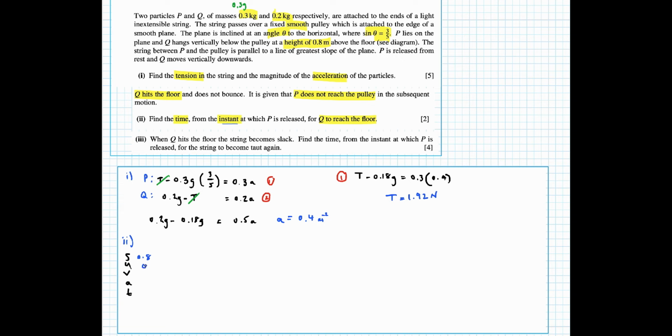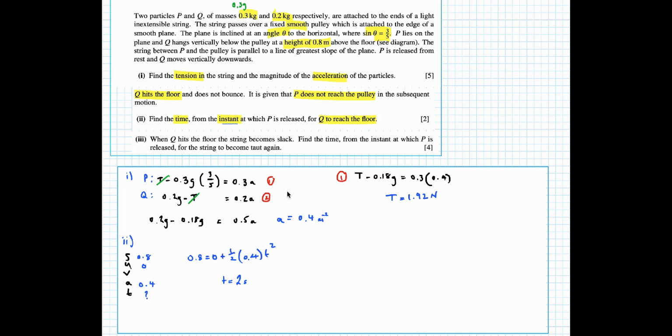It said the instant, so we know that our initial velocity is 0, and we have already an acceleration of 0.4, and we can put that together in generally the most popular, the most common formula from constant acceleration, which is s equals ut plus half at squared. Put in our acceleration there, and you get a nice whole number of 2, so the time is 2 seconds.